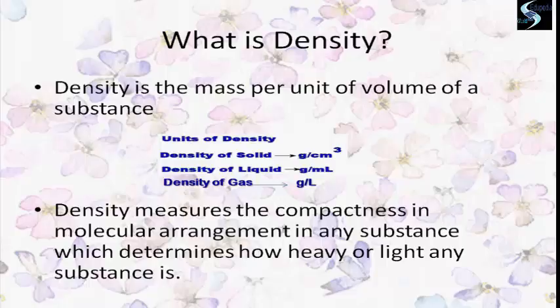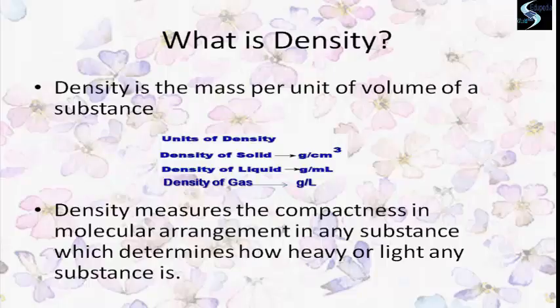A physical property can be measured without changing the chemical identity of the substance. Liquid, gas, and solids are the physical states. Since pure substances have unique density values, measuring the density of a substance can help identify that substance.